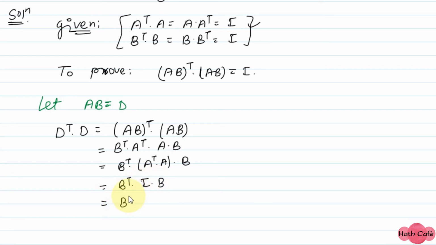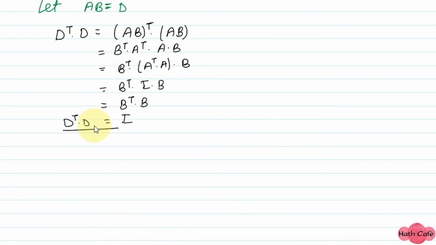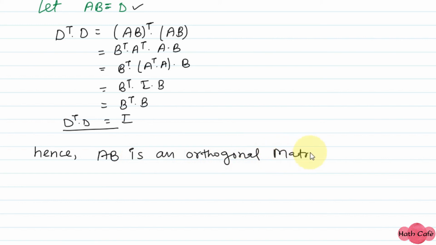So finally B transpose multiplied by B. That is also given in the question, that B transpose multiplied by B is the identity matrix. So finally we obtained that D transpose multiplied by D is the identity matrix. So we can say that D is an orthogonal matrix. That means AB is an orthogonal matrix. So I can write here, hence AB is an orthogonal matrix. Hope you understand this.